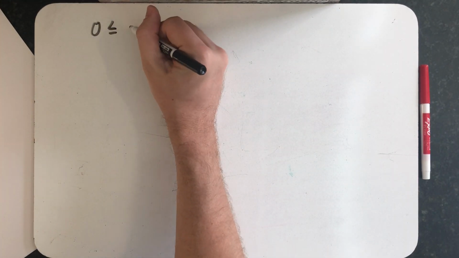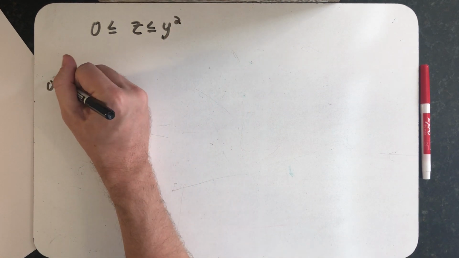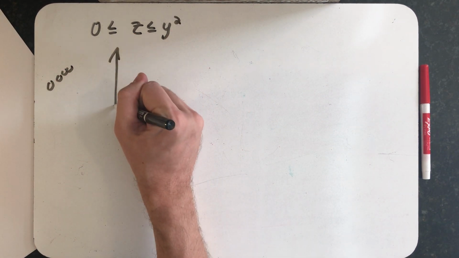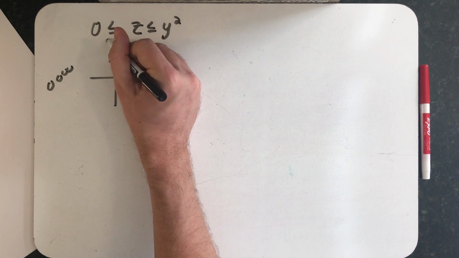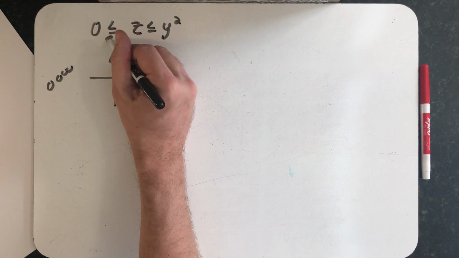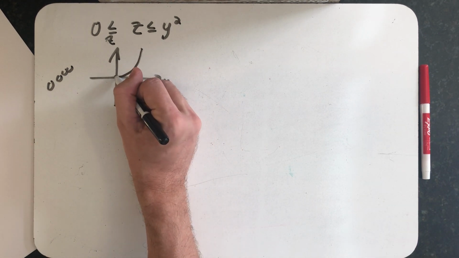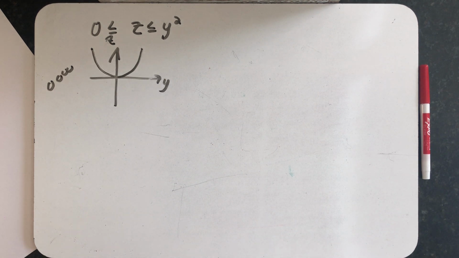So 0 is less than or equal to z is less than or equal to y squared. Well, just for a second, if I think about that in a y-z plane, z equals y squared would look like a parabola. And then I get a little bit more information.